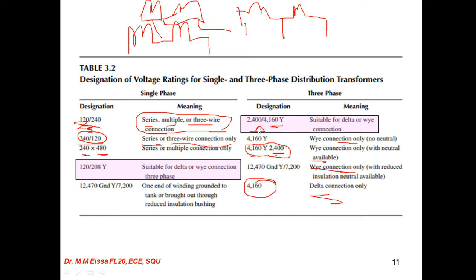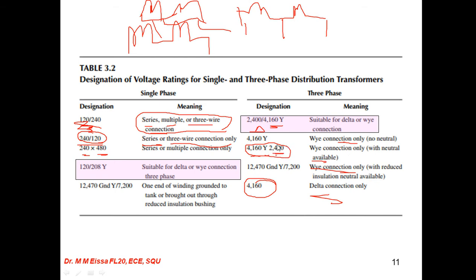Also, for three phase, if we have 2.4/4.2Y, it means this is suitable for delta connection and also for Y connection. If we have 4.2Y, this is only for Y connection. If we have 4.2Y/2.4, we have Y connection and a neutral available.